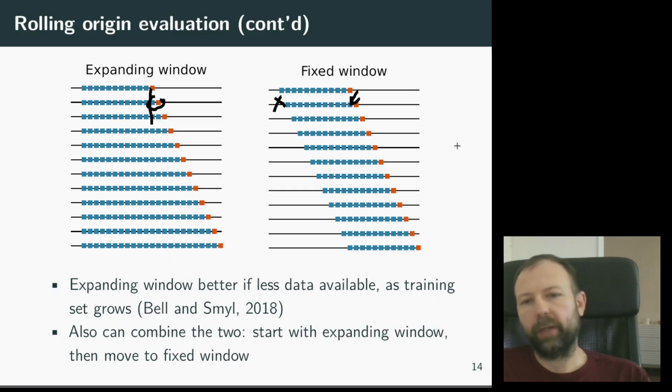Expanding window is better if you have less data available, as then the training set grows. If you have tons of data, then often fixed window, you just choose a window the size you want. You can also combine the two. You start with expanding window, and then after some time, when you have enough data, you move to fixed window.